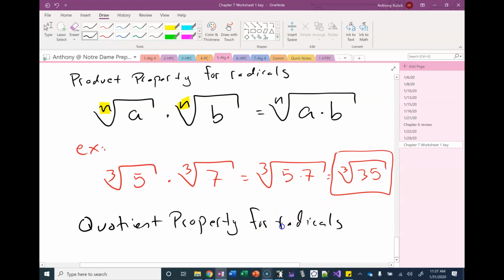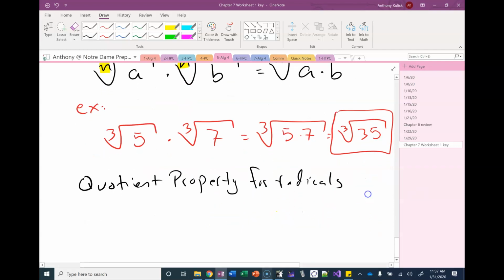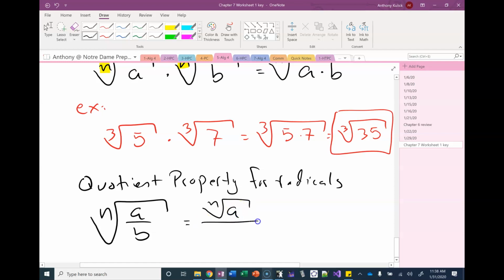So the next one is the quotient property for radicals. And what this says is the nth root of the fraction A over B is the same thing as the nth root of the numerator over the nth root of the denominator.